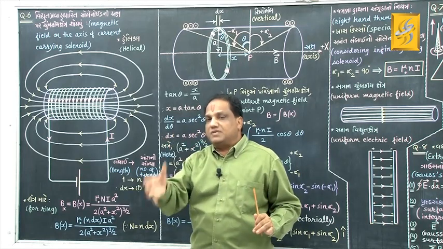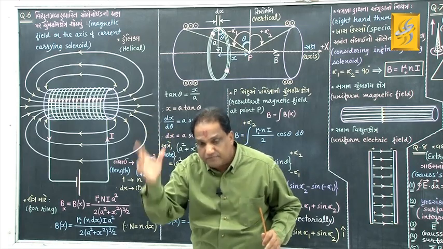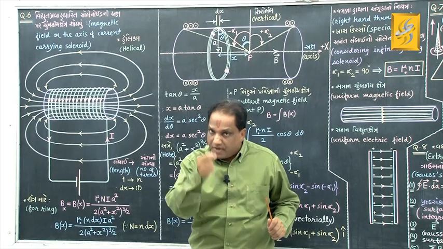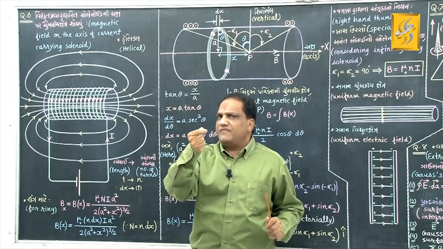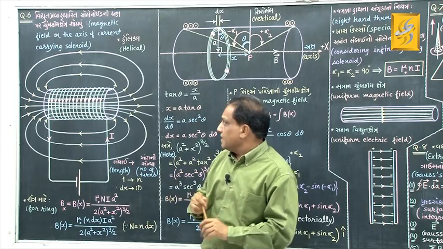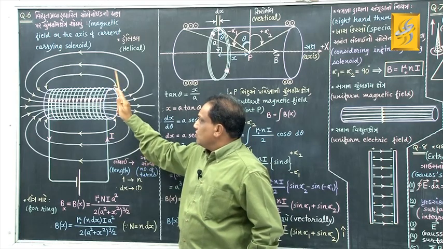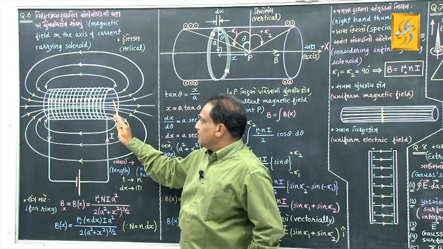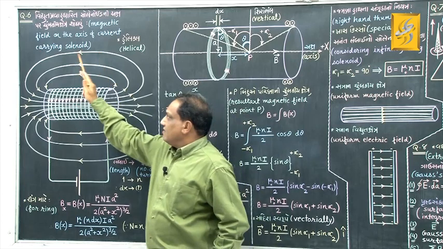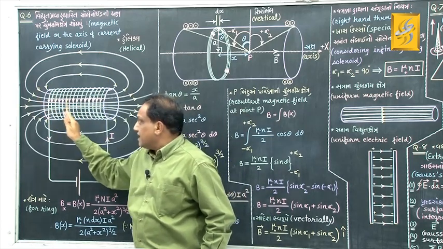So we say sometimes current carrying solenoid behaves like a bar magnet. Current carrying solenoid behaves like a bar magnet. This fact gives you its physical importance. Now here the magnetic field lines seem to have emerged from this end, and they form closed loops, and they enter this solenoid through this end.